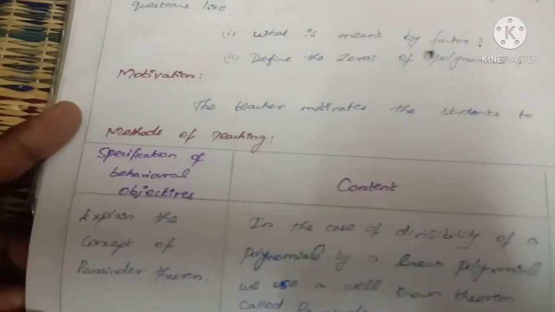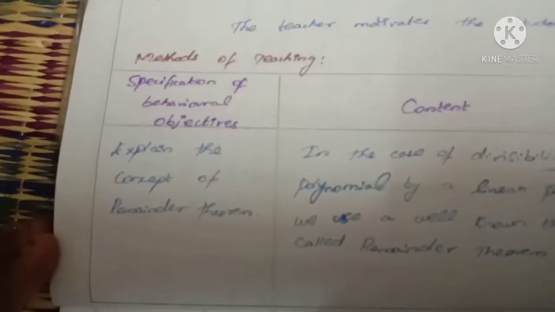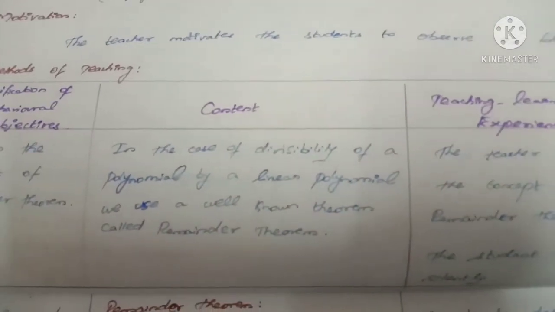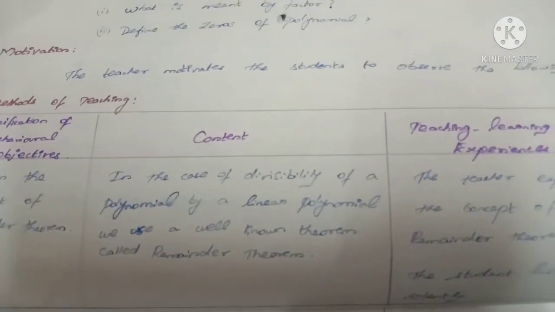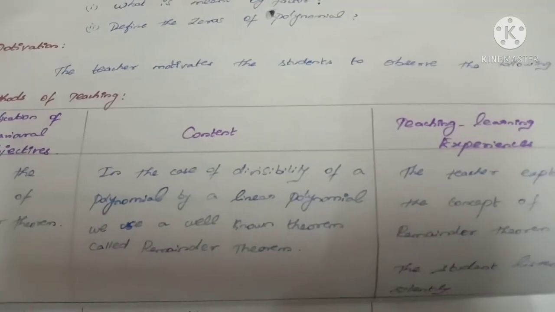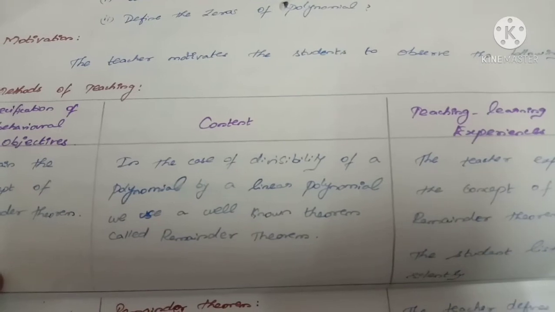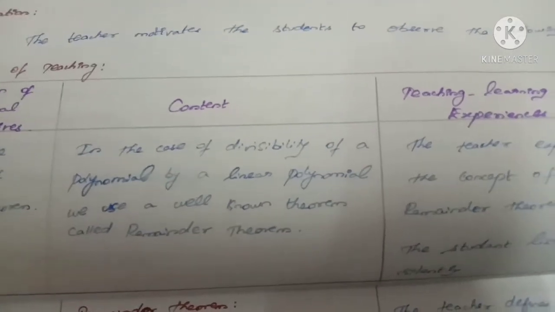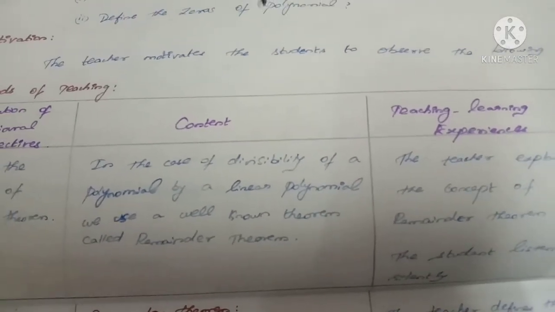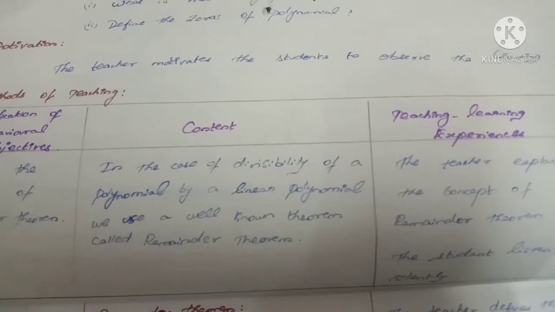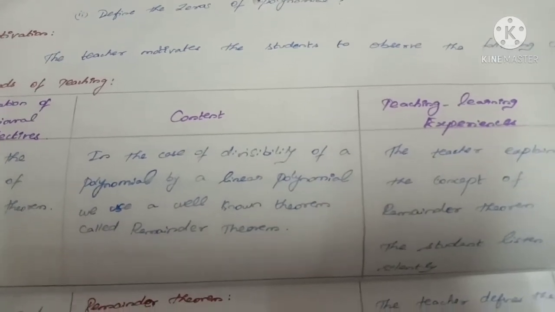In the first partition, in the first box, we have to write explain the concept of remainder theorem. In the case of divisibility of a polynomial by a linear polynomial, we use a well-known theorem called remainder theorem.